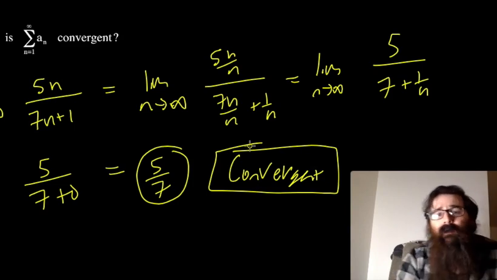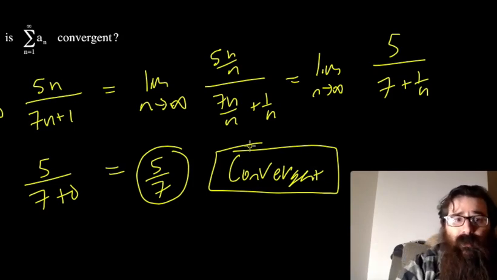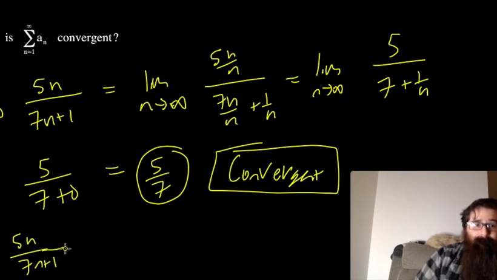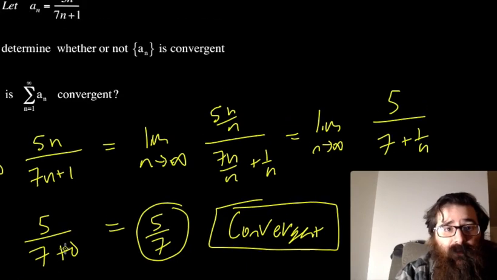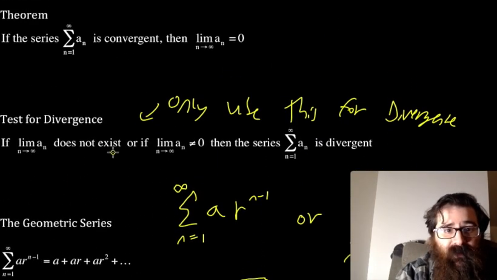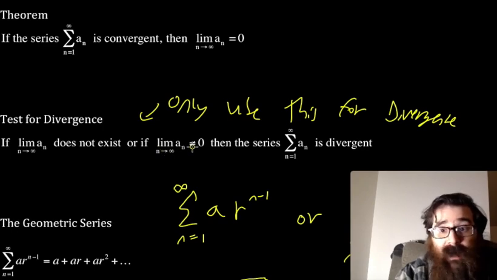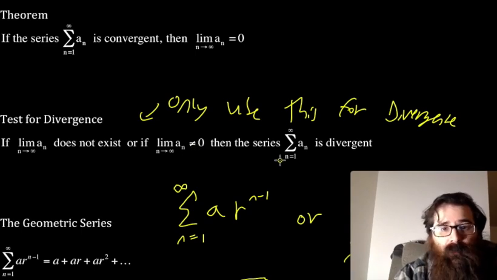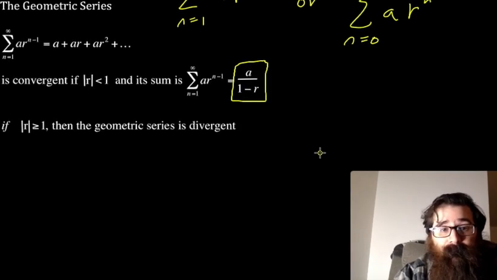But now what I want to know is, is the series going to converge? So what about the sum from n equals 1 to infinity of 5n over 7n plus 1? And here's where we can actually think about using that test for divergence. We would say, since our limit as n goes to infinity of a sub n does not equal 0, remember it was 5 over 7, does not equal 0, then the series is divergent.